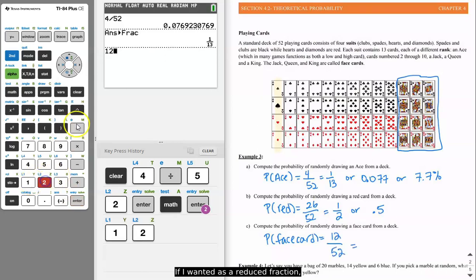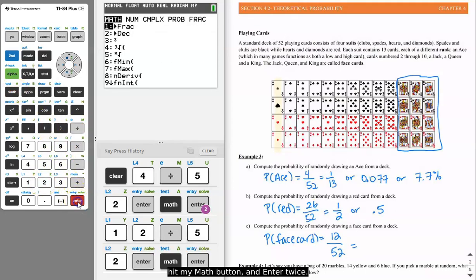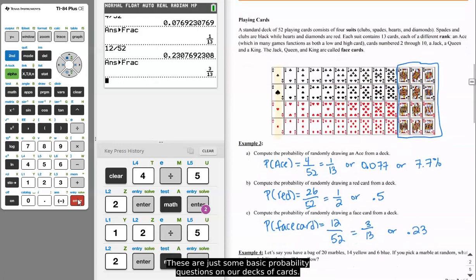If I want it as a reduced fraction, I'll type that into my calculator, hit my math button, and enter twice. So I get 3/13. Or as a decimal, it's roughly 0.23. So these are just some basic probability questions on our deck of cards.